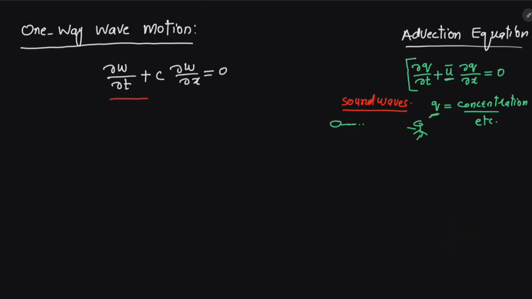So on the left hand side, what you see over here, C is the speed of sound. And W, what is W? As you know, sound is actually a pressure wave, and the sound from one person moves from one place to another through the air.